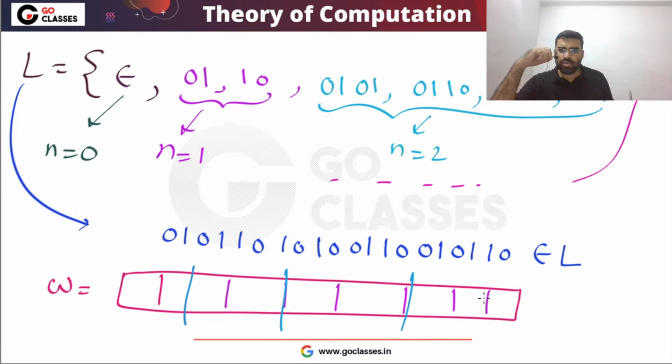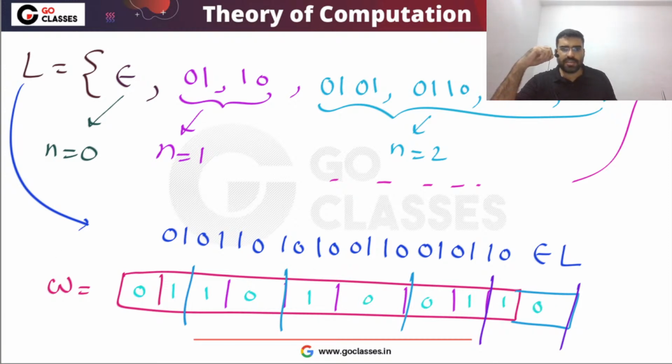Now this should happen: if this is 0, this should be 1. If this is 1, this should be 0. If this is 1, this should be 0. If this is 0, this should be 1. If this is 1, this should be 0.